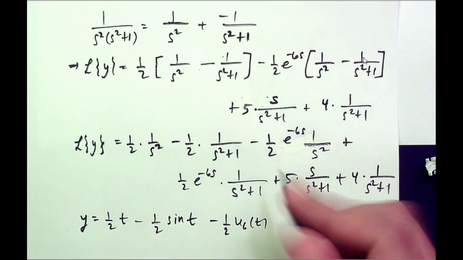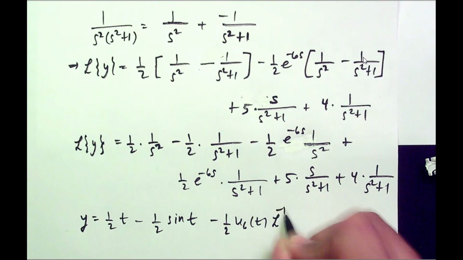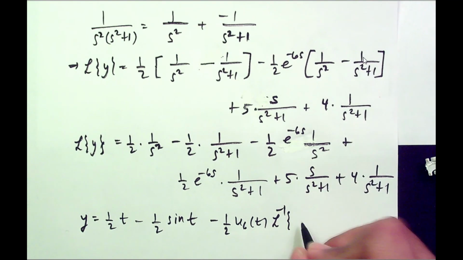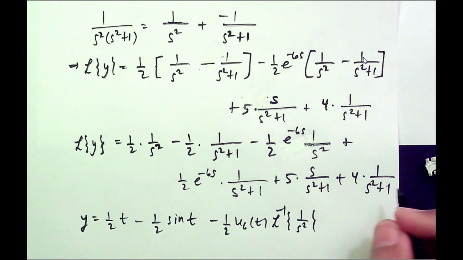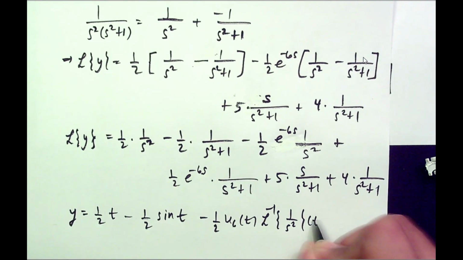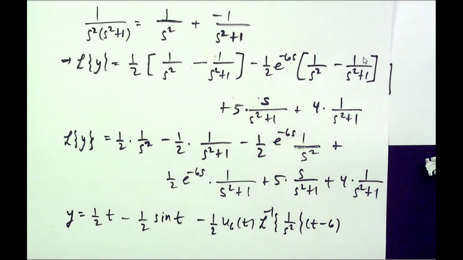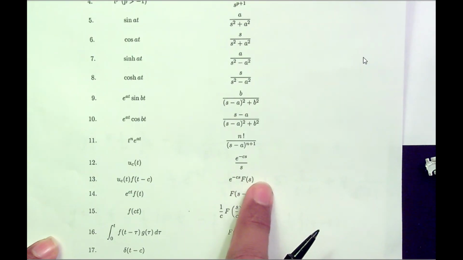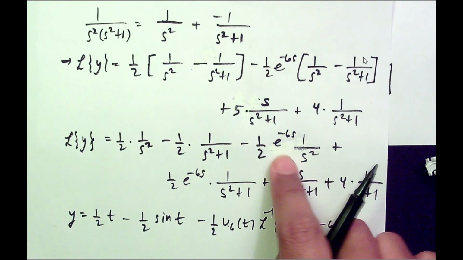Laplace inverse of this thing. Remember, not evaluated at t, but evaluated at t minus 6. Because that's what the formula tells me. It is little f, which is the Laplace inverse of this function, evaluated at t minus 6 in this case. Alright, so that takes care of that.